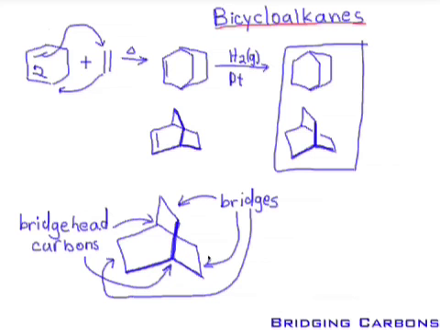But bicycloalkanes can be generated from alkenes through the Diels-Alder reaction. And we need to expand our nomenclature to include them. How do we name a bicycloalkane, including numbering it? Well, let's draw a bicycloalkane with different size bridges. In this case, we have all the same number of bridges.